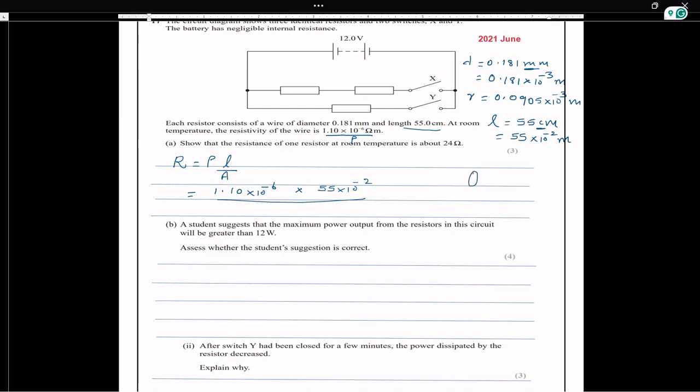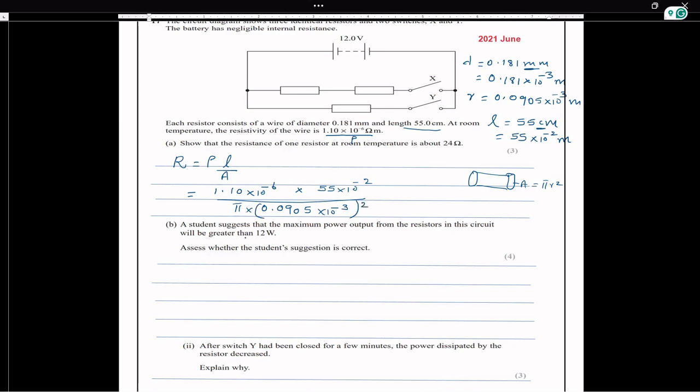And the wire is having a shape of a cylinder. So area of cross section is pi r square, which is pi times the radius in meters, 0.0905 times 10 to the power of negative 3, the whole square.